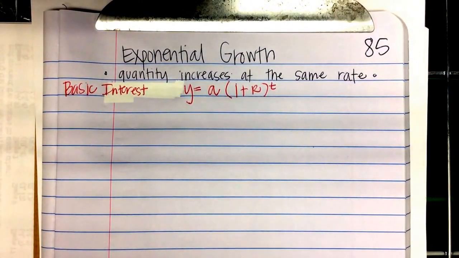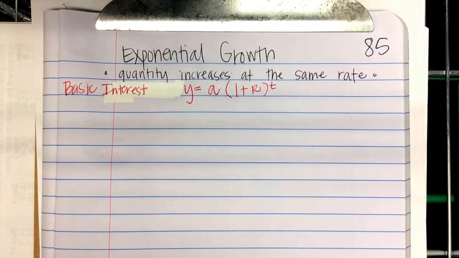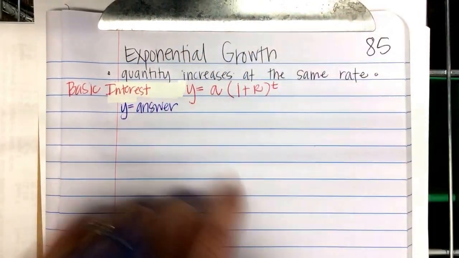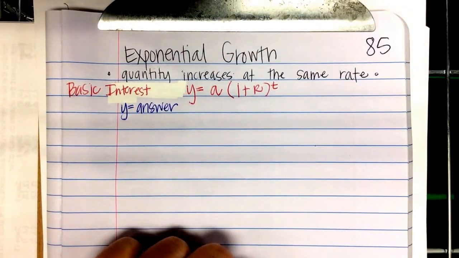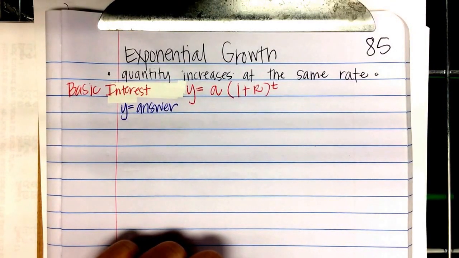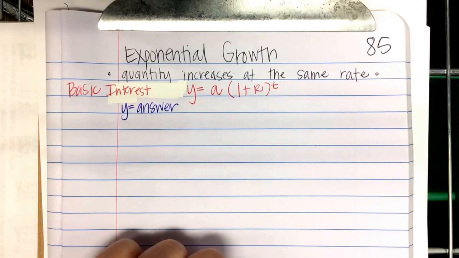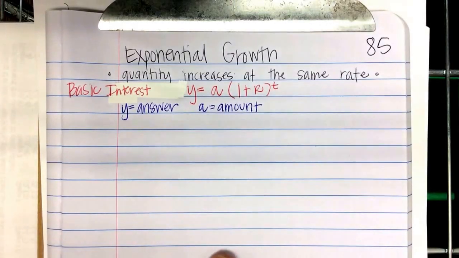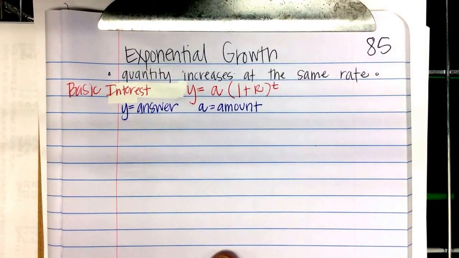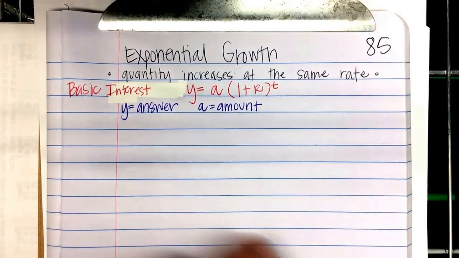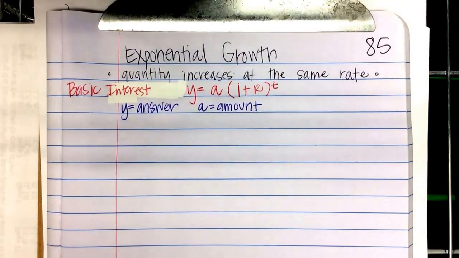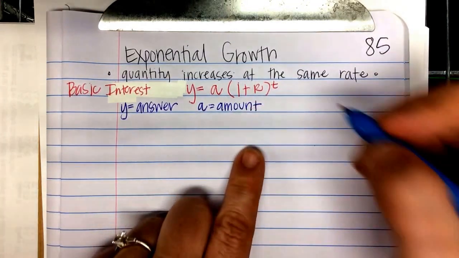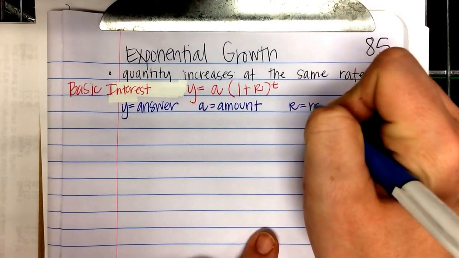And let's talk about what these variables mean, because sometimes when we get formulas that have too many variables, it gets confusing. So y is just my answer. A represents the amount. If I invested $1,000, that's going to be my A, my amount. R stands for rate.